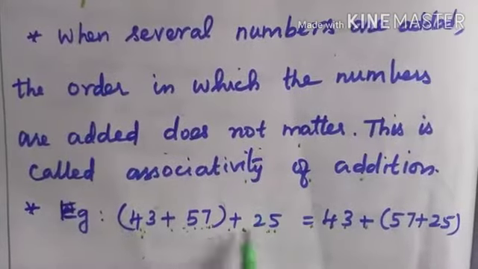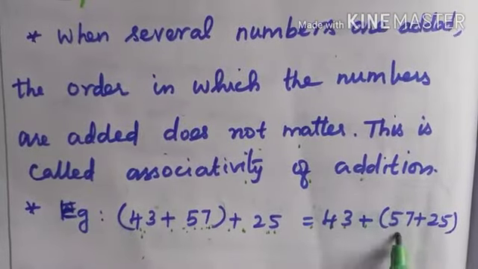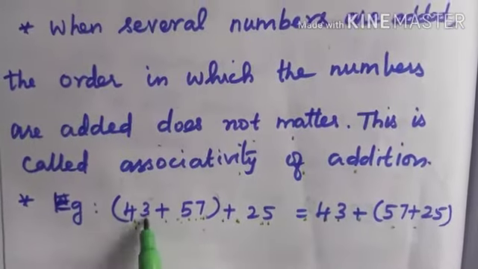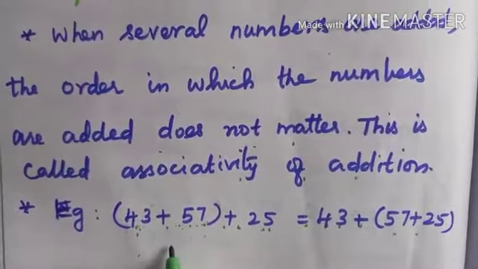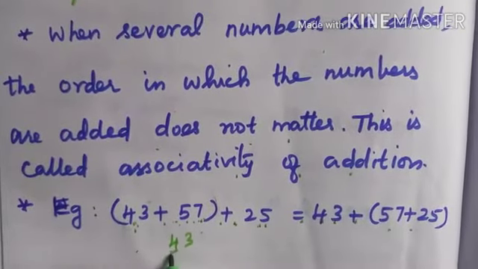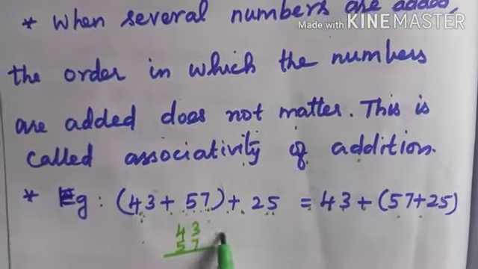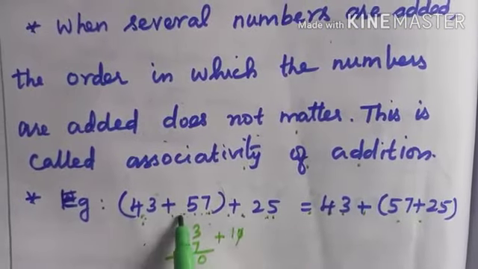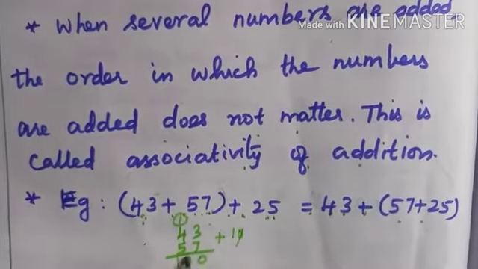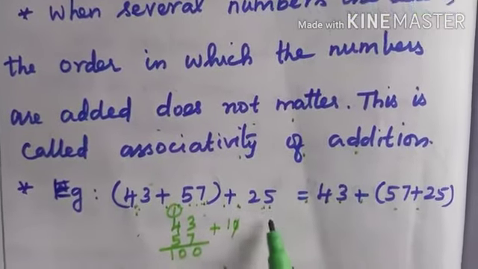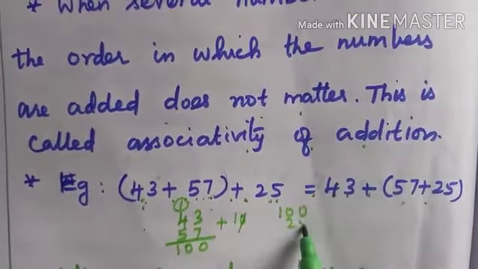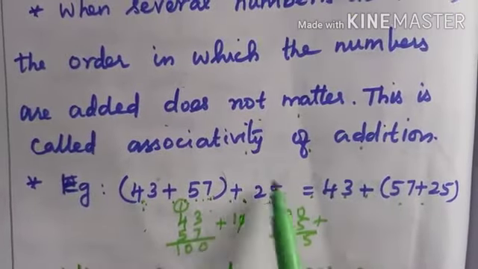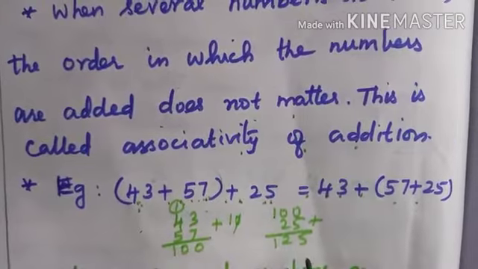So if the bracket is changed, we will get the same answer. Now 43 plus 57 is 100, and 100 plus 25 is 125. So this side we are getting 125.